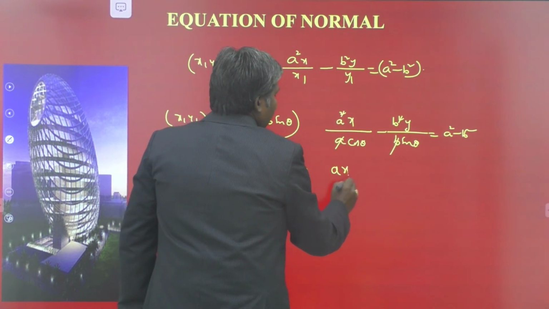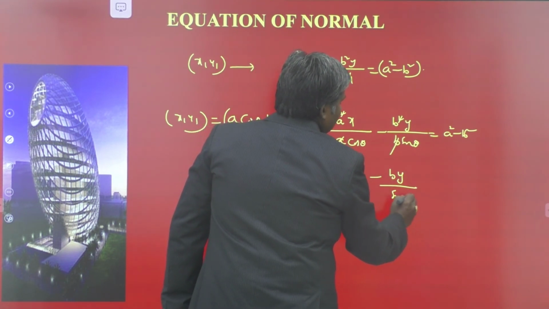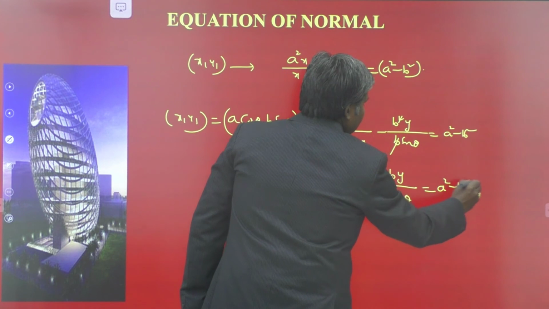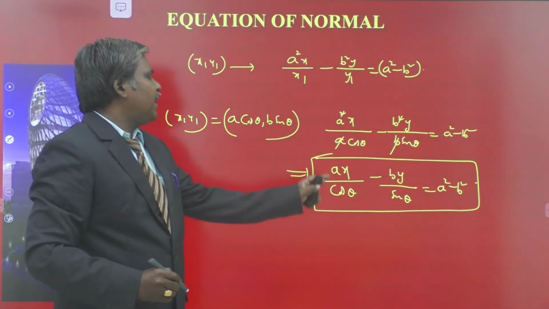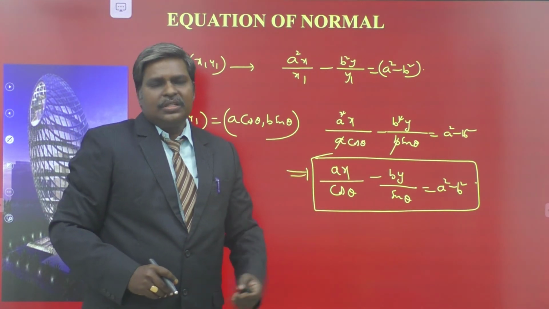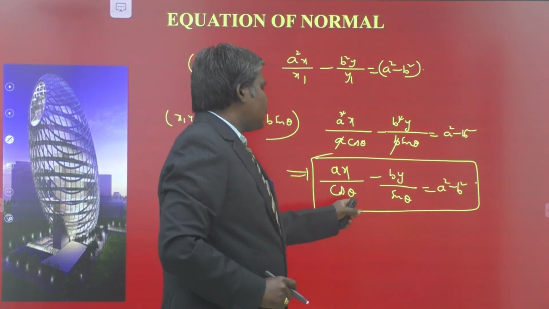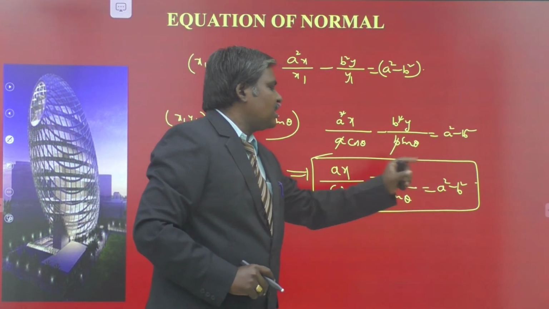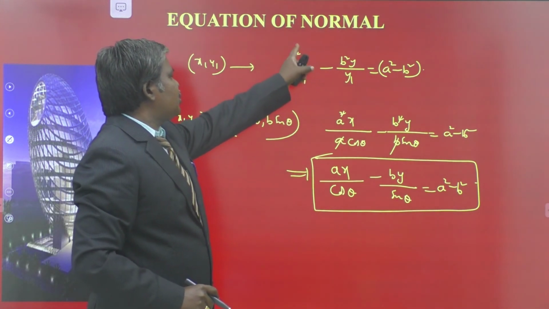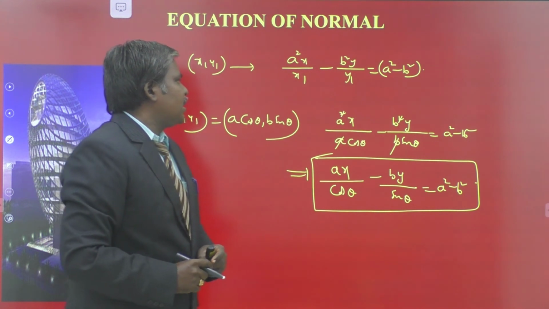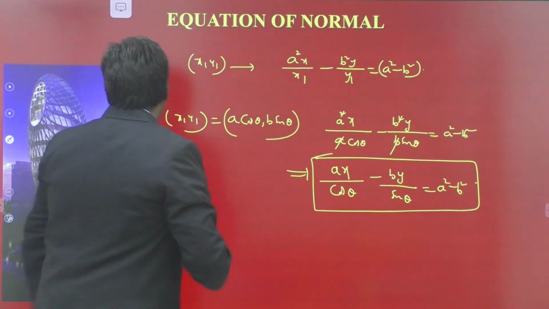Implies we have ax by cos theta minus by by sin theta is equal to a square minus b square. This is the equation of normal at P of theta to the ellipse. This is the normal equation in the parametric form, my dears. What is that? Ax by cos theta minus by by sin theta is equal to a square minus b square. What is the normal at x1 y1? This one. A square x by x1 minus b square y by y1 is equal to a square minus b square.